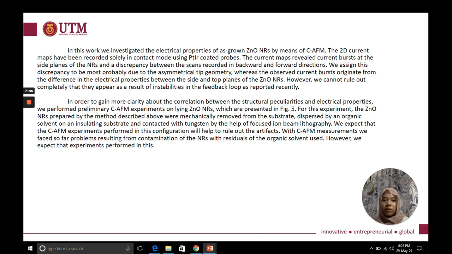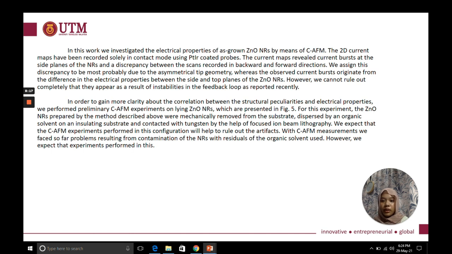The current maps revealed current bursts at the side planes of the nanorods and a discrepancy between the scans recorded in backward and forward directions. We assign this discrepancy to be most probably due to the asymmetrical tip geometry, whereas the observed current bursts originate from the difference in the electrical properties between the side and the top planes of the zinc oxide nanorods.